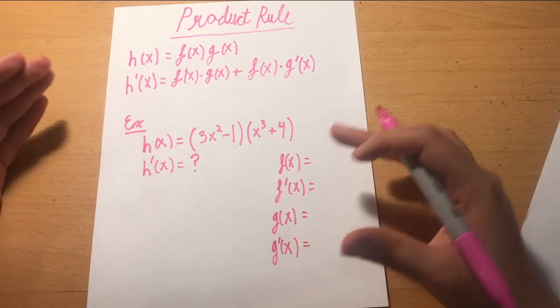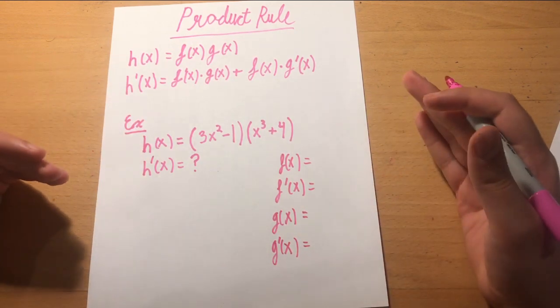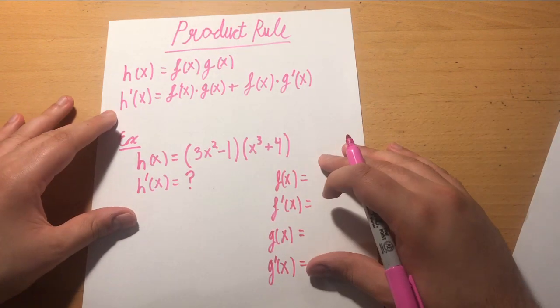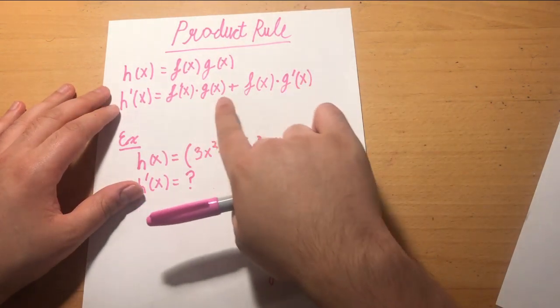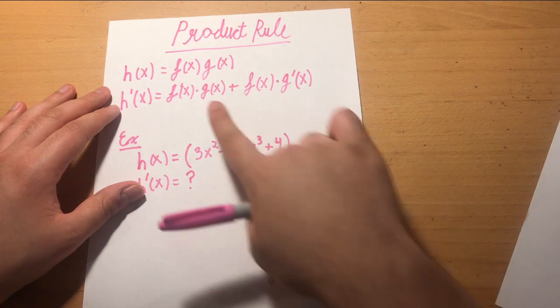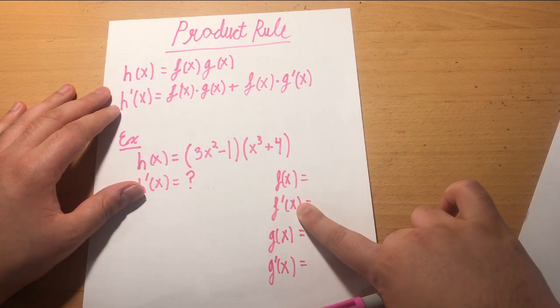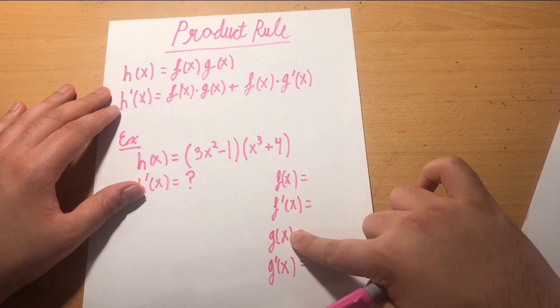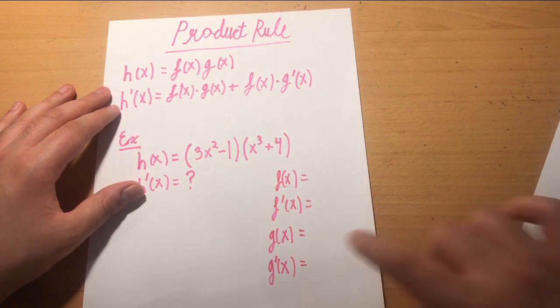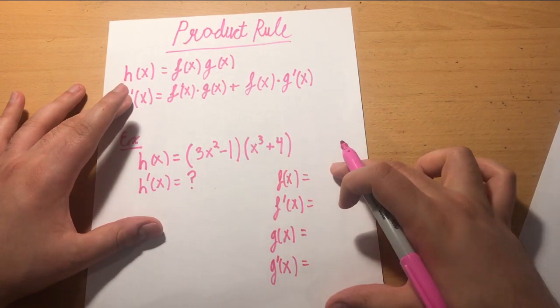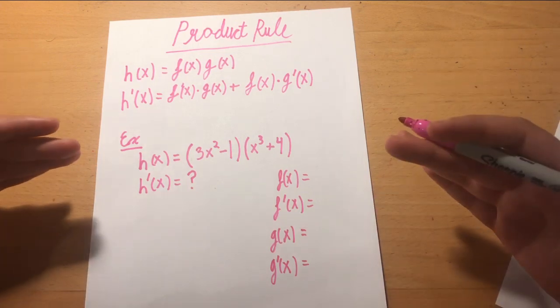I'm going to use this to help me keep track of everything going on in the problem. In order to use product rule, I need f, I need f prime, I need g, and I need g prime. So I'm going to use this as a way of organizing my information.